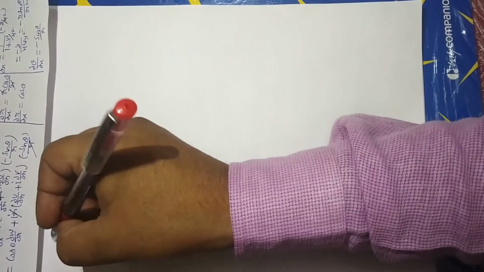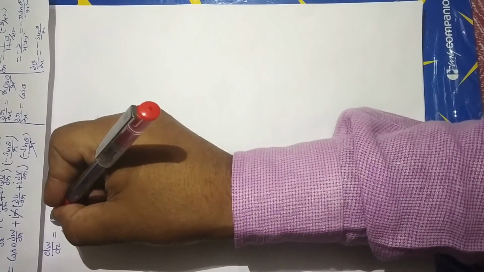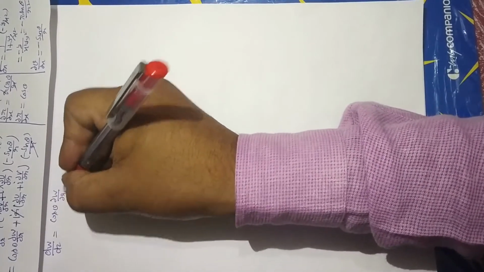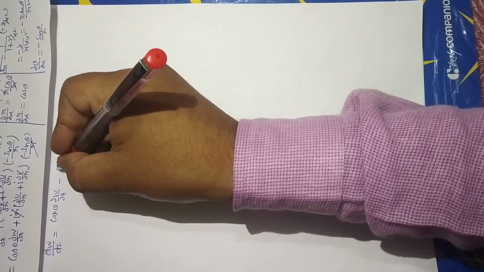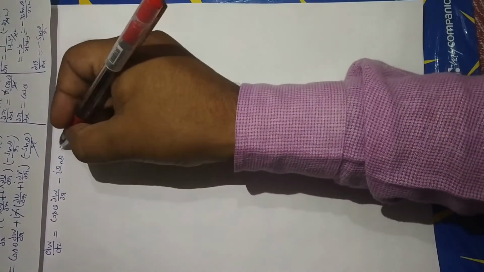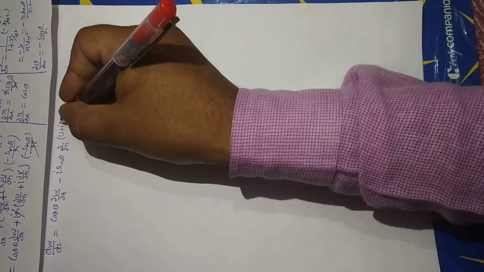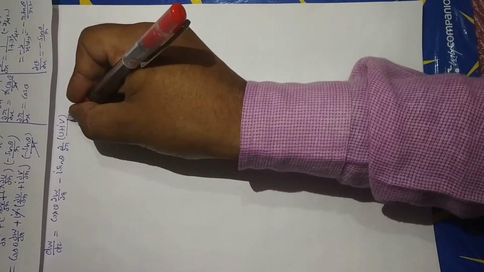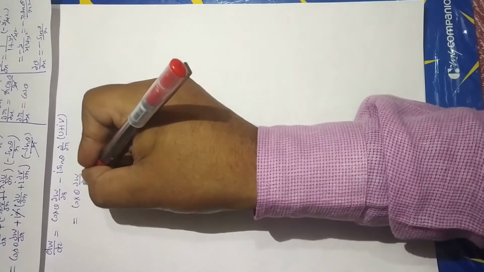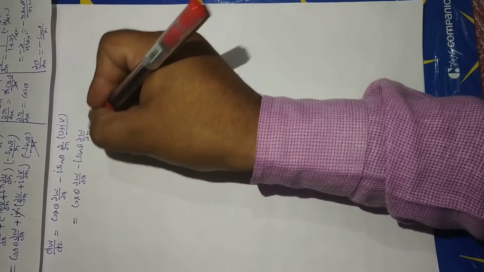Therefore dw upon dz equals cos theta del W upon del r minus i sin theta. Now we take del upon del r common, of u plus iv. This is the value of W. Now cos theta del W upon del r minus i sin theta del W upon del r.